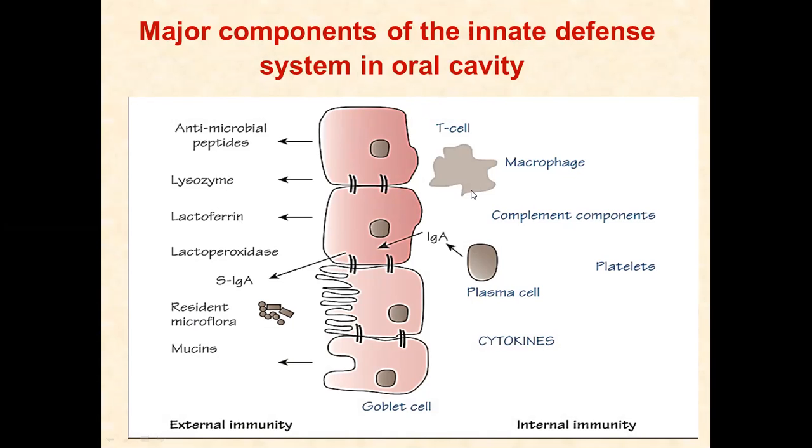In tissues, the other factors of innate immunity present are the macrophages and complement system and cytokines and platelets. And in this diagram, some factors of adaptive immunity are also shown. It's the T cells and plasma cells and production of immunoglobulins. It's not part of innate immunity, but it's also present in the oral cavity as a defense mechanism.